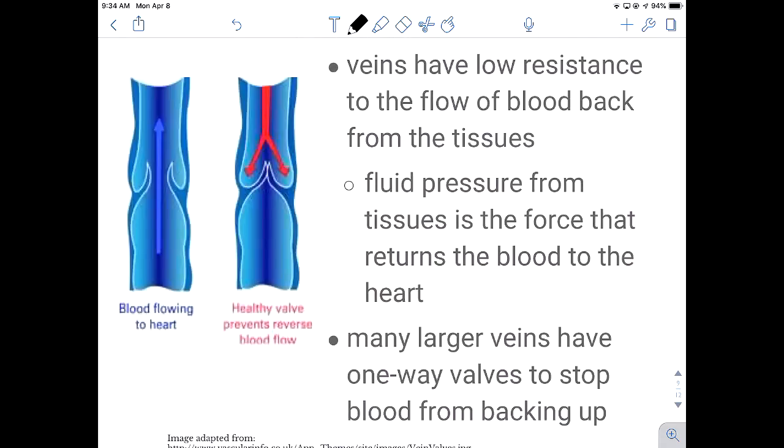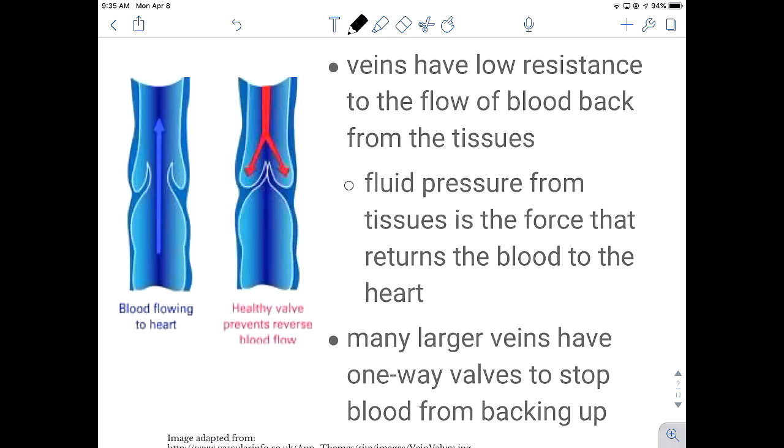So veins have a low resistance to the flow of blood back from the tissues. The fluid pressure from tissues is the force that returns the blood to the heart. And many of our larger veins have one-way valves.